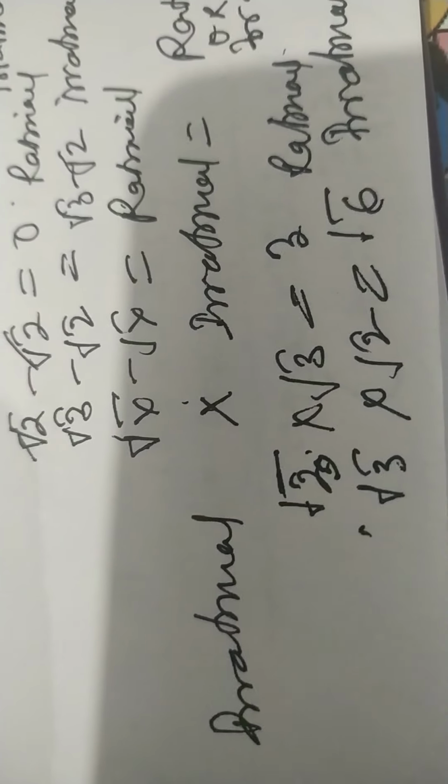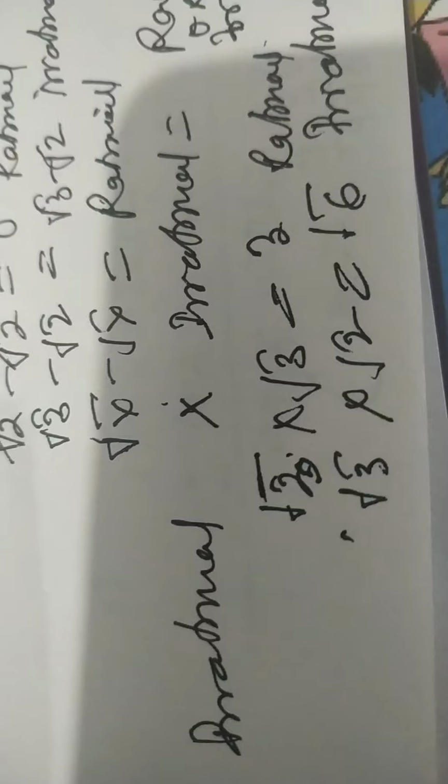This is rational. And if I write under root 3 into under root 2, it is equal to under root 6, which is irrational. That means if we multiply the same kind of irrational numbers, then our answer is always rational. And if two different irrational numbers are multiplied, that is irrational.